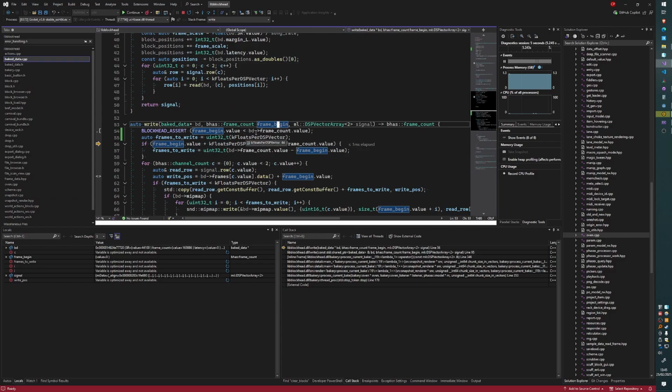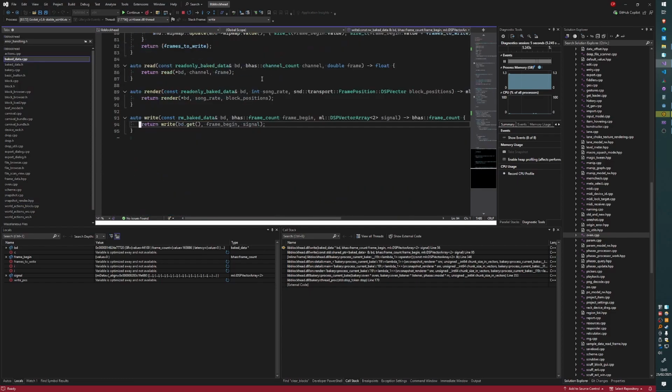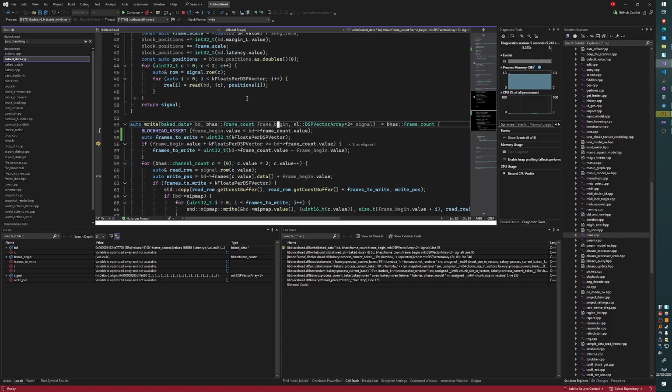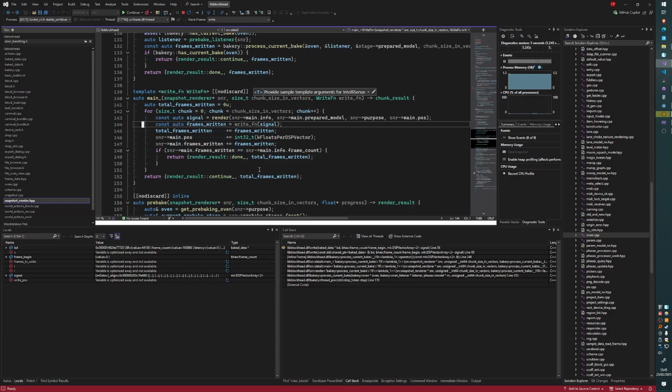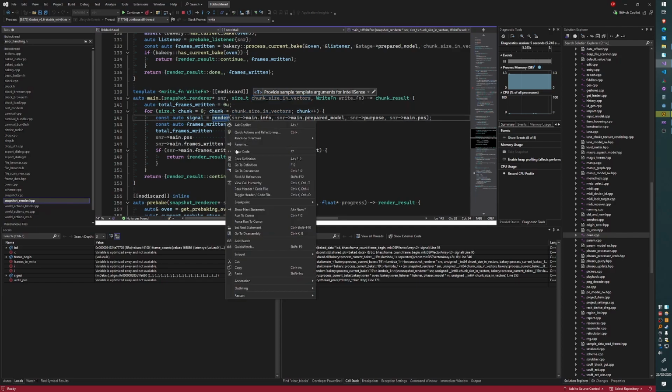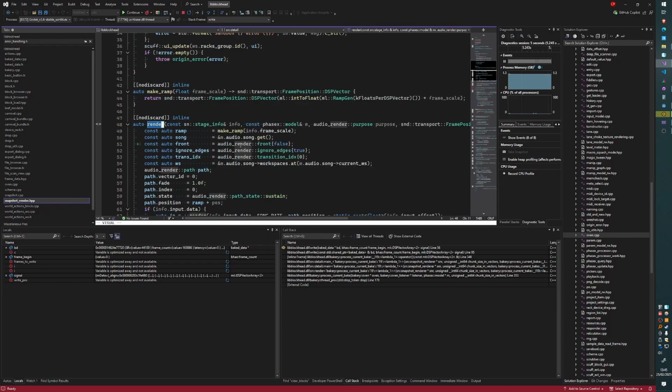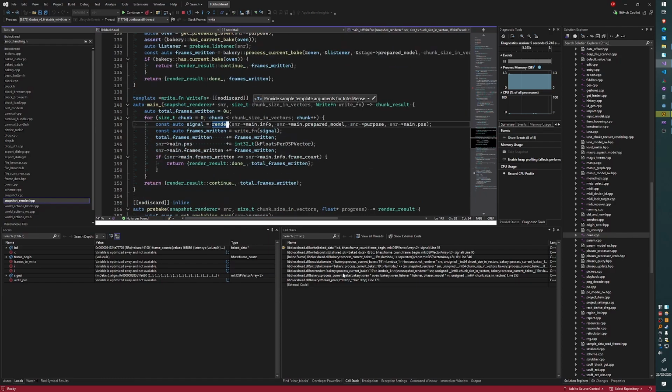It is this function that's wrong. Or is it? No, it should be fine. Ah, but then this doesn't... Ah, okay, hold on. Chunk size in vectors. It's going to do multiple... Okay. Right, hold on. Yes, okay.